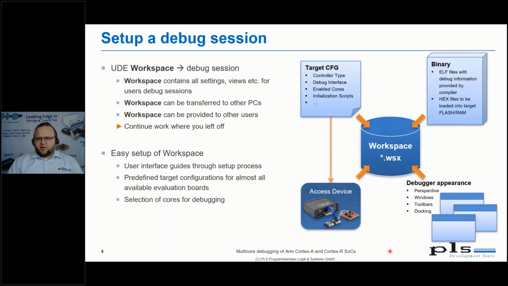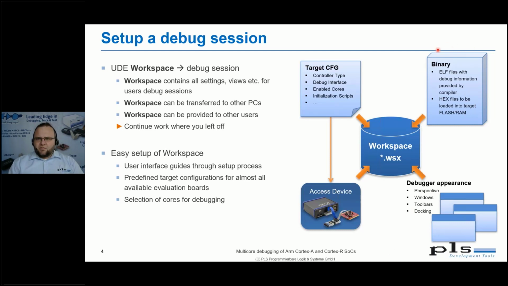Now I'm going to show you a short demo. We will use UDE, and the central point of using our tools is the workspace. This workspace consists of the target configuration, which is a description of the target that's actually connected, the number of cores, initialization scripts, memories, and so on.